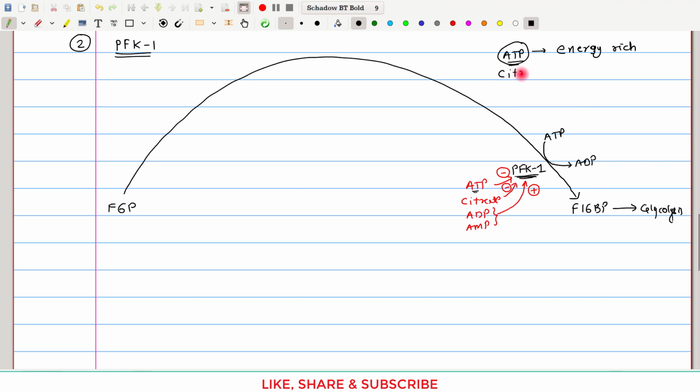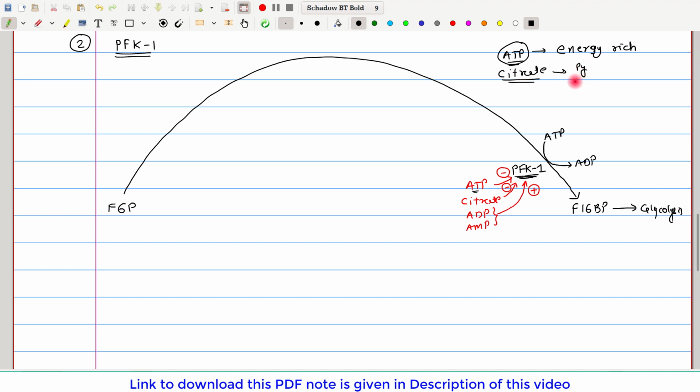Similarly, citrate is also inhibiting phosphofructokinase 1. But why is citrate inhibiting phosphofructokinase 1? What is the purpose? See, citrate is the key intermediate for the energy metabolism of pyruvate, fatty acids, and some amino acids. In all these molecules' energy metabolism, citrate acts as an intermediate.